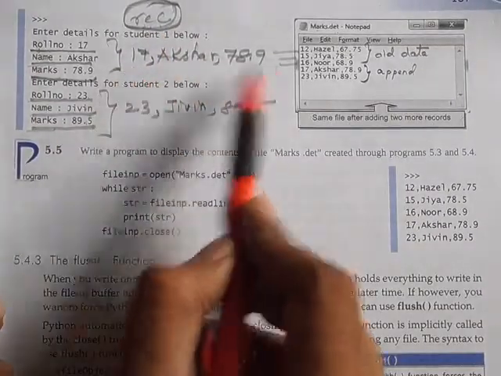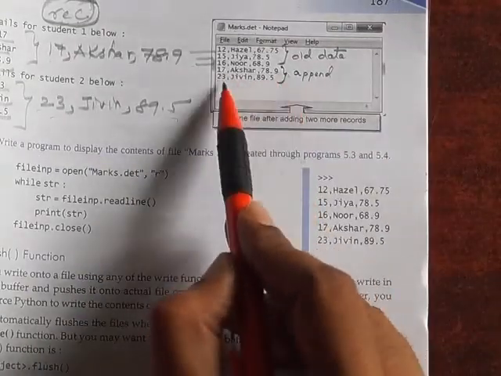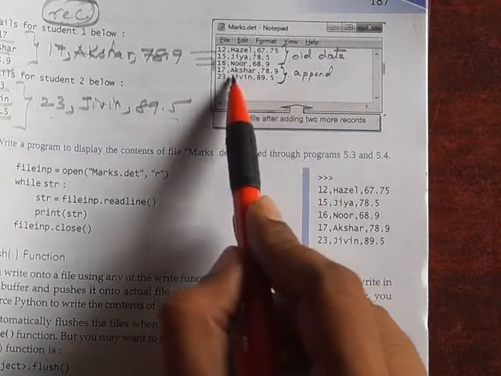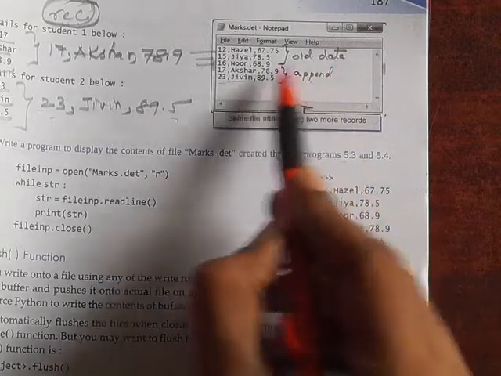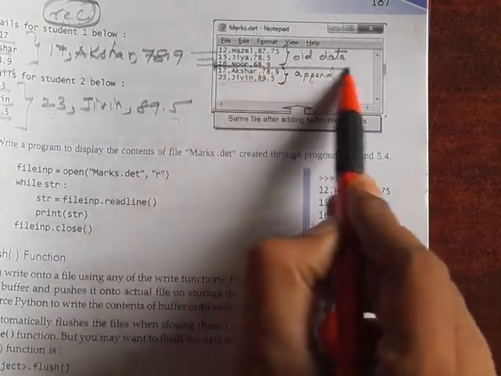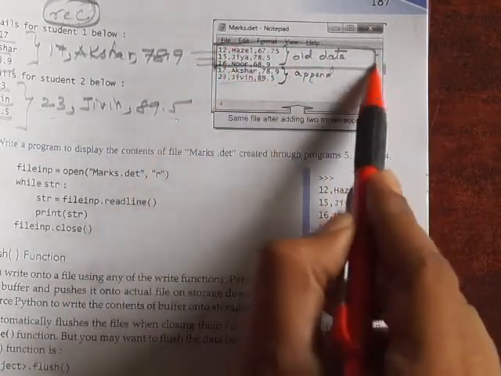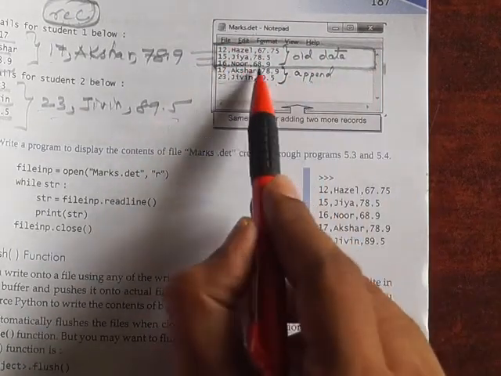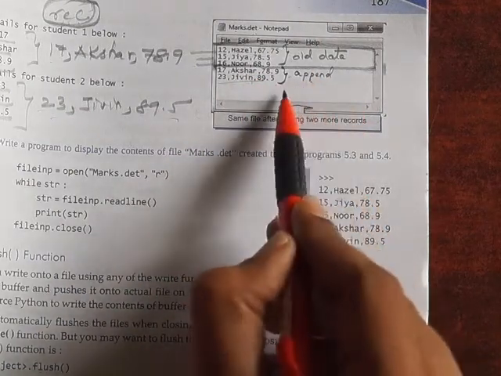Okay, such that what is there in rec, 17 etc and 23 etc is there. So those things, can you see here, 17 etc and 23 etc, these things will be appended. What is called appended? Can you see, this is the old line, this part is old data already present, and at last these two lines are appended along with the old file.